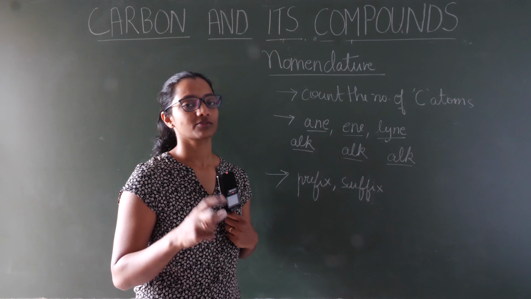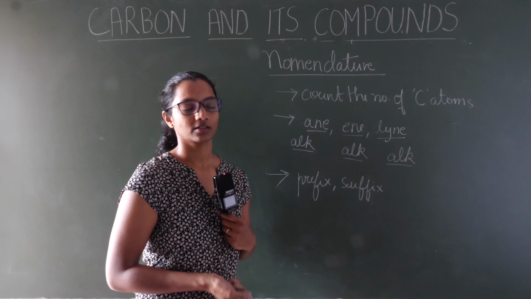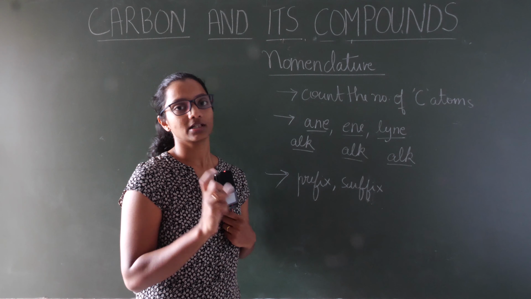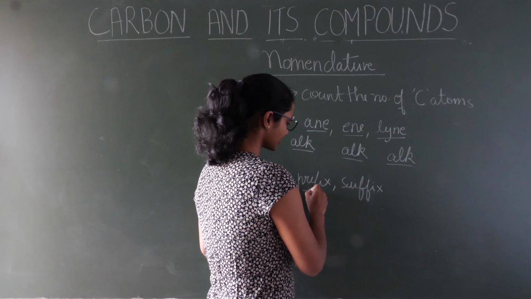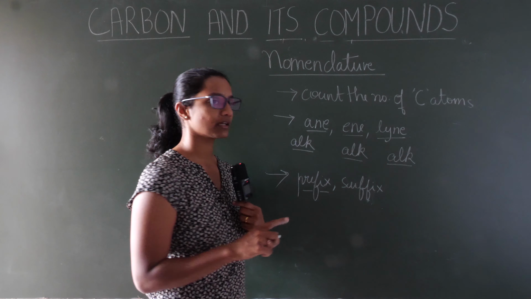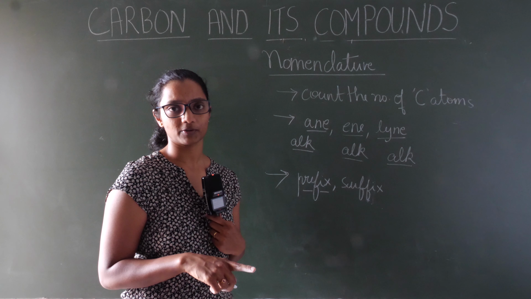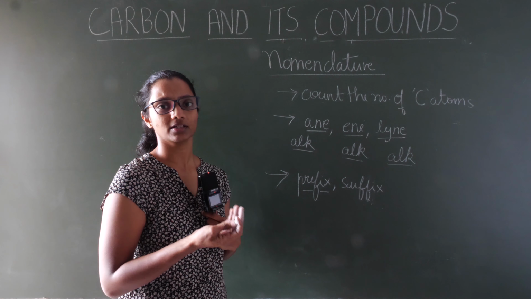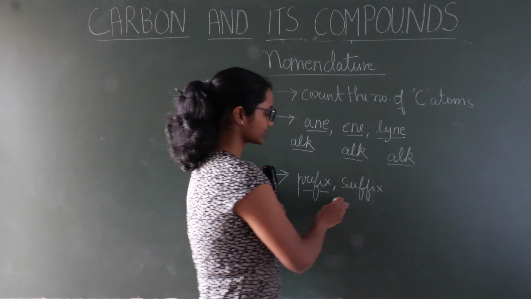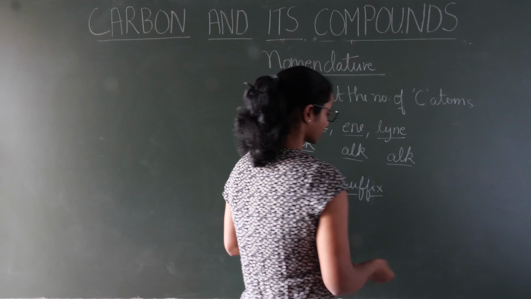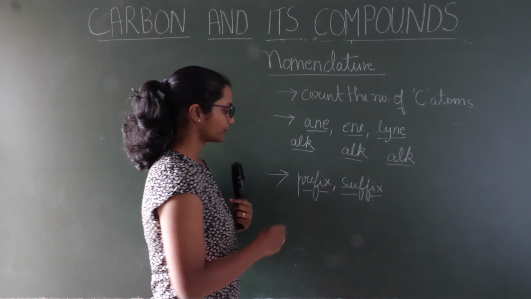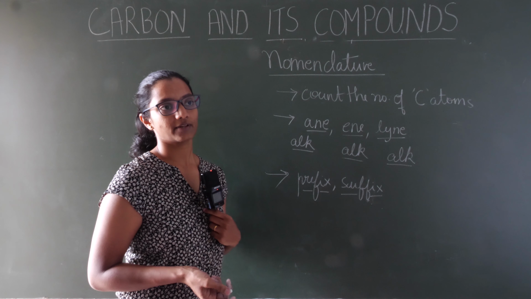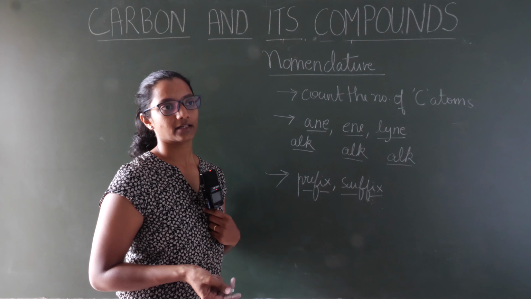Fixing means attaching, and pre is nothing but before. So don't get confused, just split the word and understand. Prefix, pre is before and fix is attaching it. So suffix is after the word.